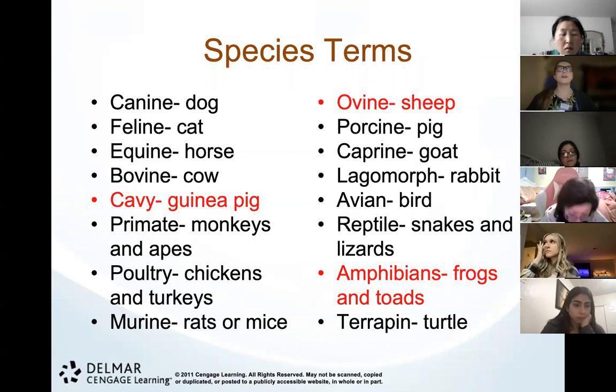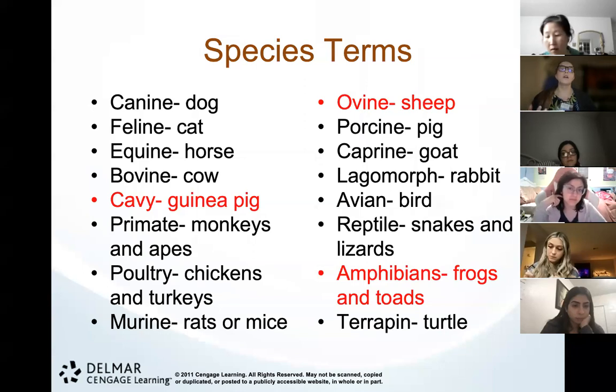But there might be a few of you that go into larger animals, exotic animals, pocket pets. So I'm going to go over all of the species terms, and then I'll go into the sex terms, because we do have different terms for, let's say, a female dog versus a male dog, or a female cat versus a male cat. We don't just say female or male. We actually do have specific terms for all of that.